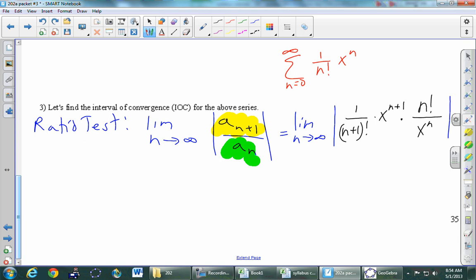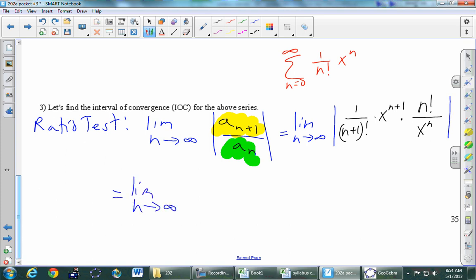Any questions on where that came from? Okay, so if you buy that, take a moment to cancel. Some of the factorials will cancel and some of the x's will cancel. Okay, so let's figure out what's left here.